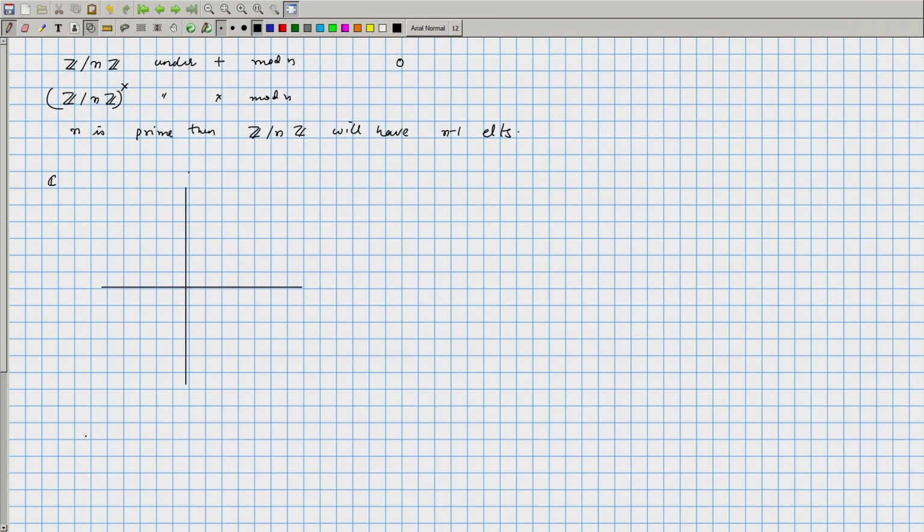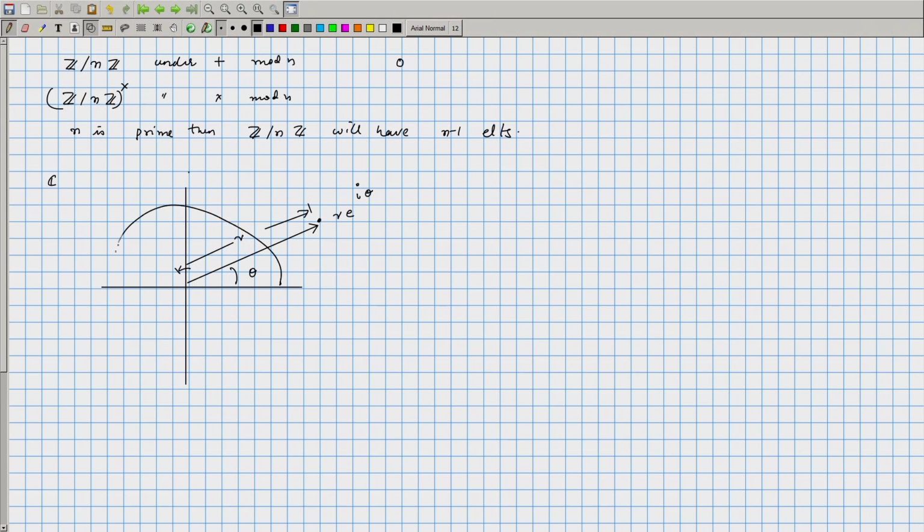Each complex number can be thought of as r e raised to i theta, where this is the angle theta and this distance is r. Now if you remove the 0 complex number, the rest is of course going to be a group under multiplication.